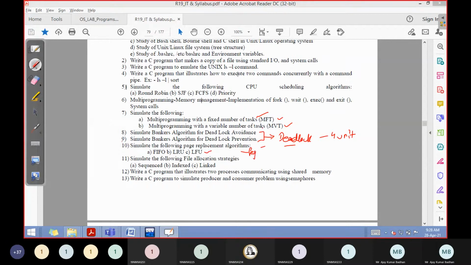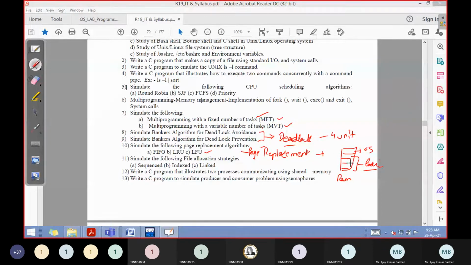Next we have FIFO, LRU, and LFU. This is related to page replacement techniques. What I mean by page replacement here is something in memory. Some portion is given to the operating system, and in the remaining free space we will be loading the pages. Whatever application you want to run, its pages will be loaded here and executed.